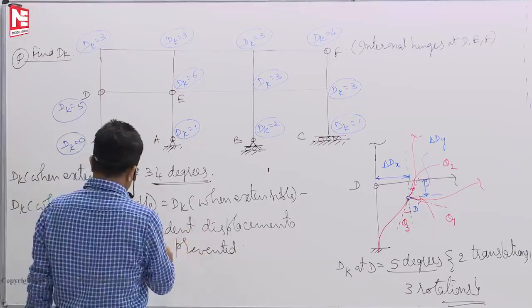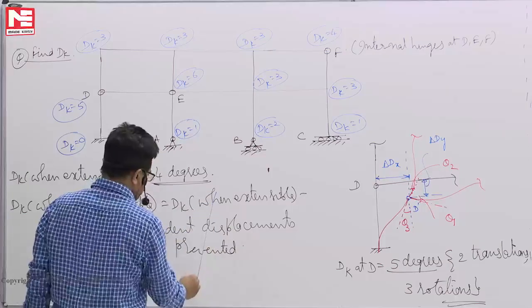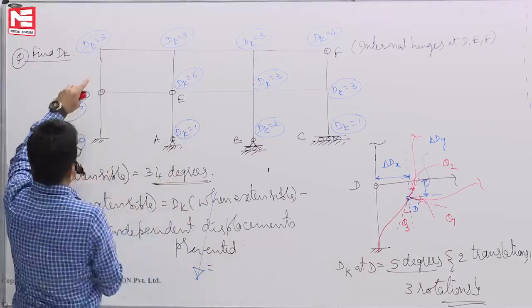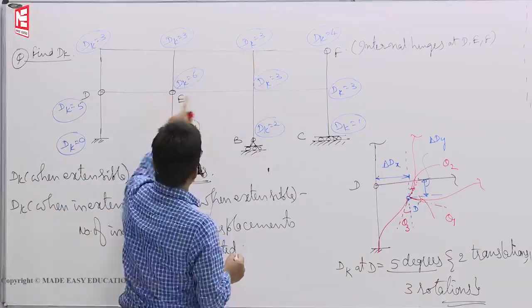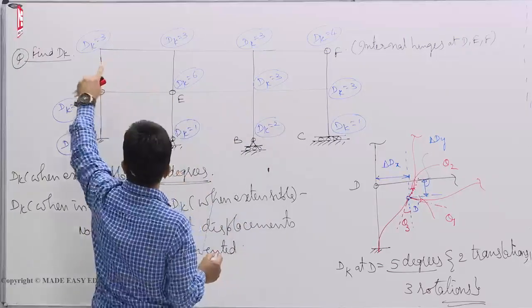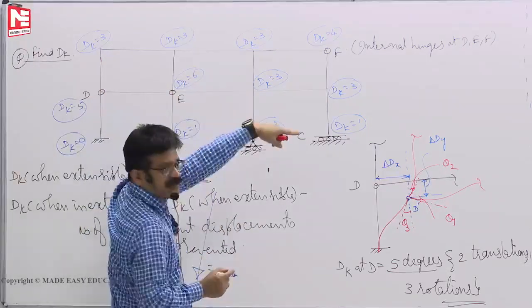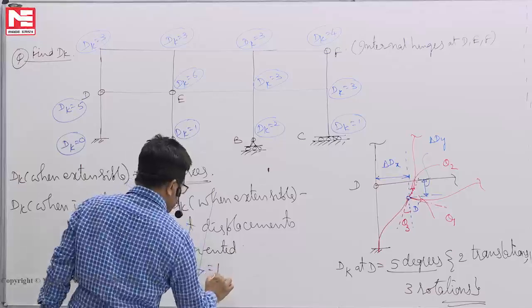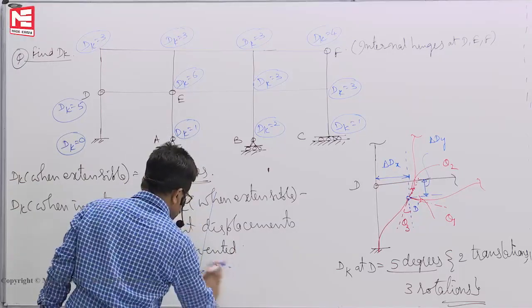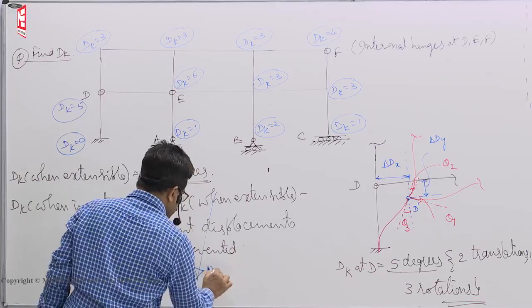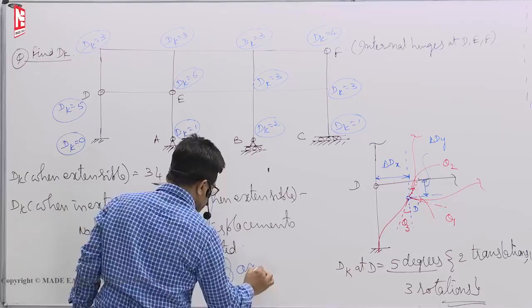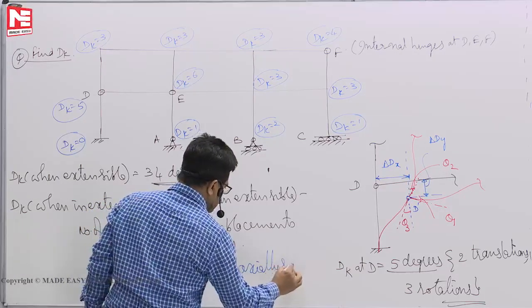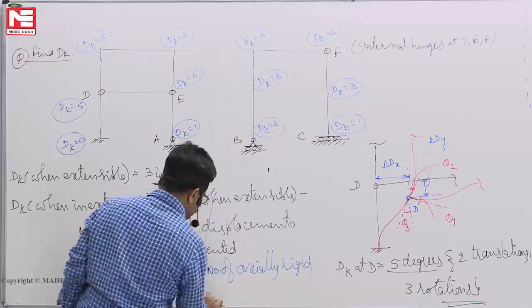Like this, when number of independent displacements prevented. See how many members are there? 1, 2, 3, 4, 5, 6 horizontal members, vertical members 8. So prevented in this case is equal to the number of axially rigid members.